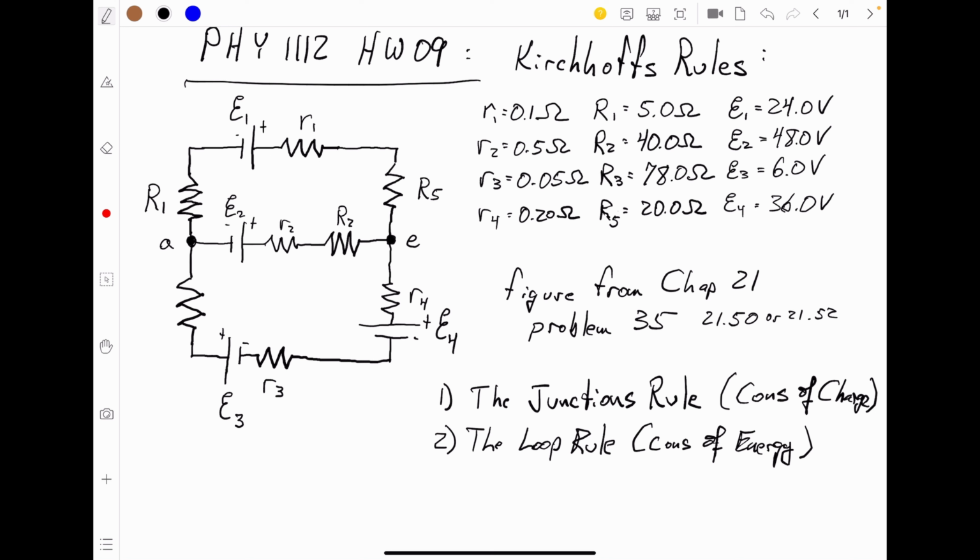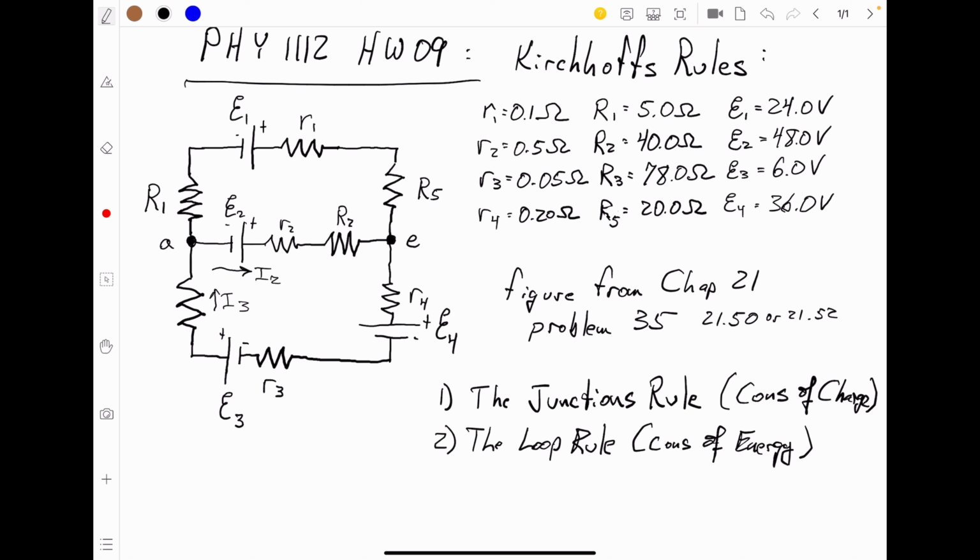Now, in the figure, they label for us a current going in this direction, I2, across the middle. So going from A to E, straight through the middle, we've got I2. They've also labeled in this direction, going up the side here, I3.